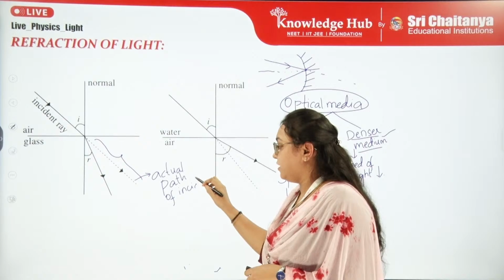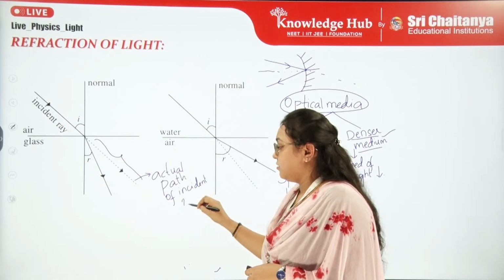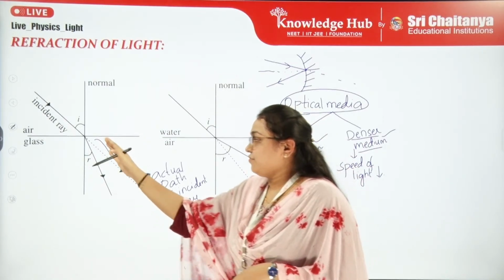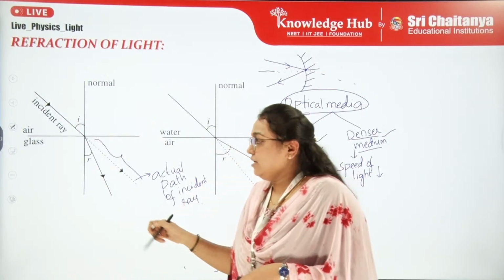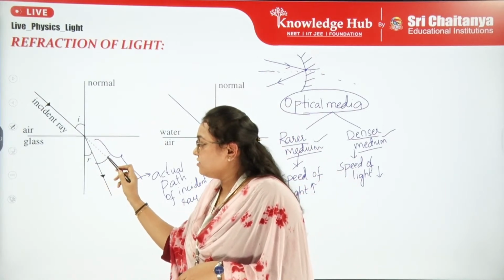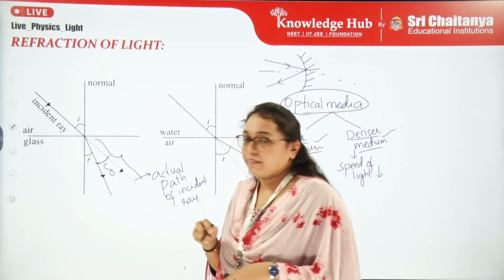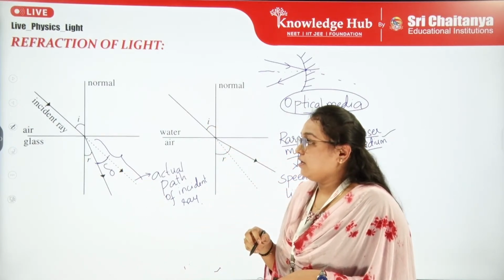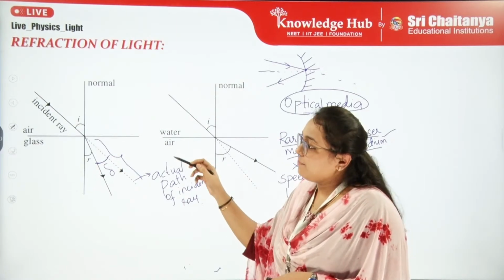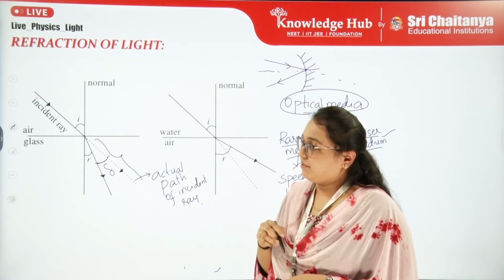This is the actual path of incident ray, and this is a refracted ray. So the angle between actual path of incident ray and the refracted ray is angle of deviation. Angle of deviation is the angle between the actual path of incident ray and the refracted ray.